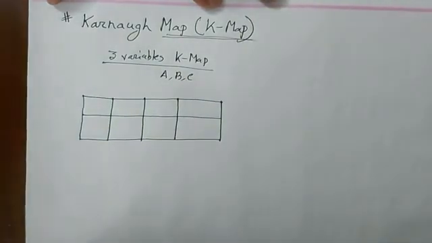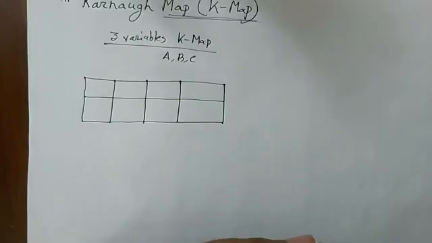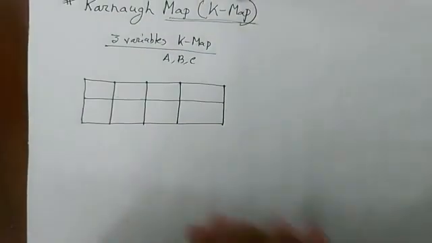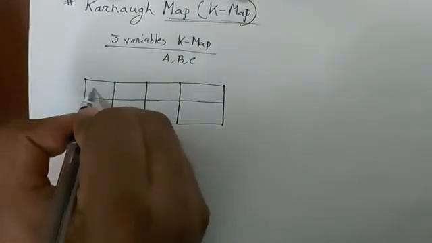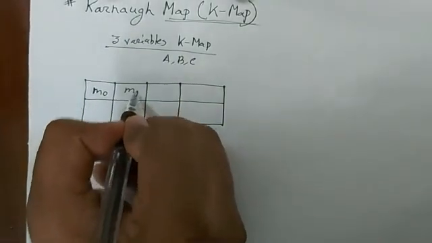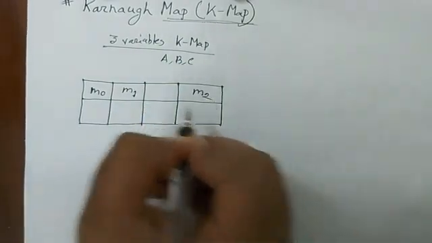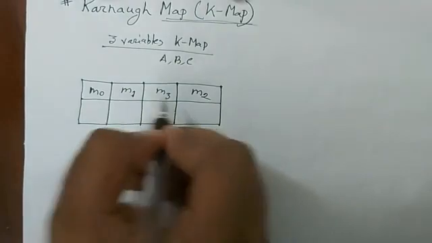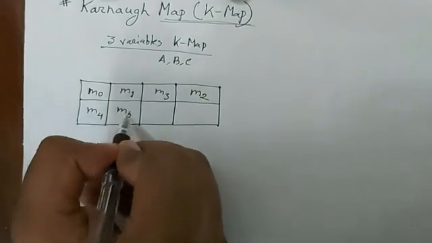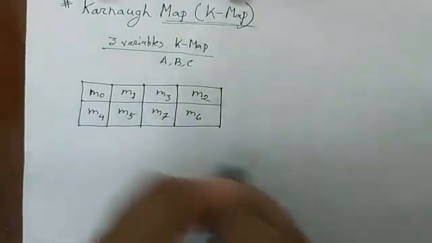Each cell will represent a min term. So min term number 0 will come here, min term number 1 will come here. Now min term number 2 will go there, min term number 3 will be here, then M4 here, M5 will be here, M6 will be here, and M7 will be here.